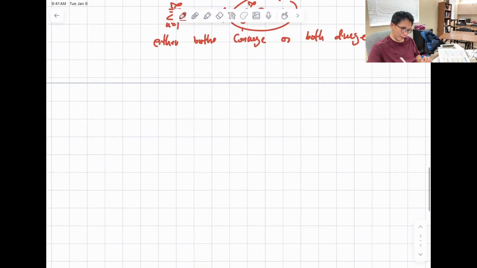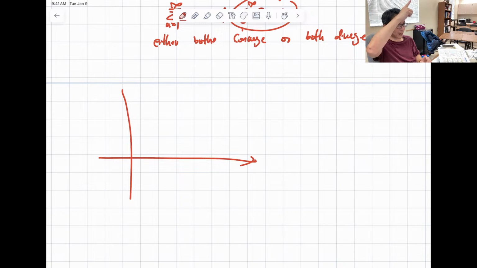Remember that the function has to be positive, above the x-axis, and has to be decreasing.